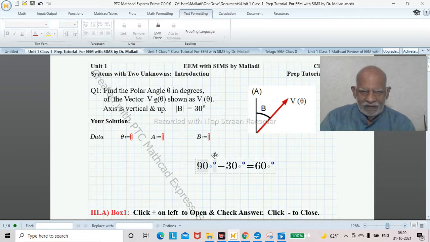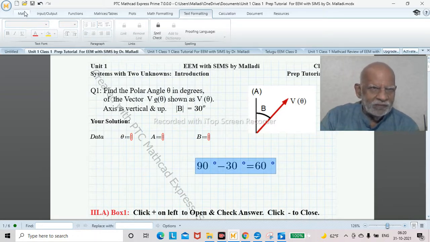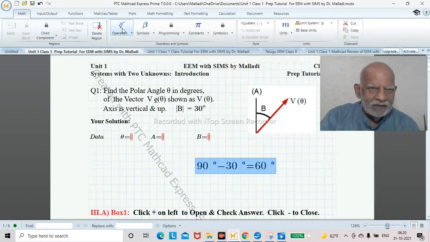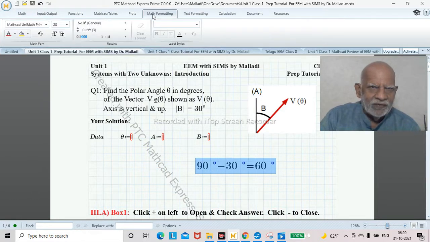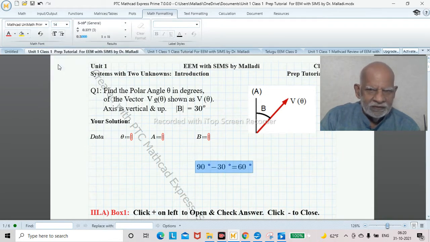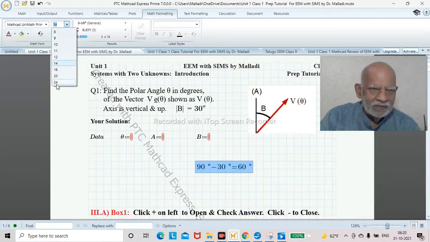I can change the font of this very easily. I can go to math, then math formatting, and I can change the font to 14. I can make it bigger, 24.